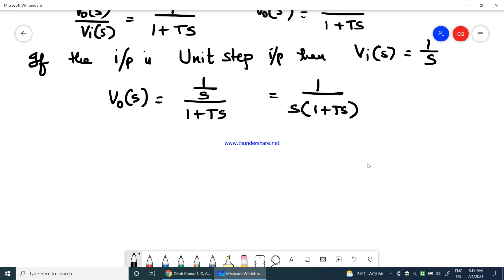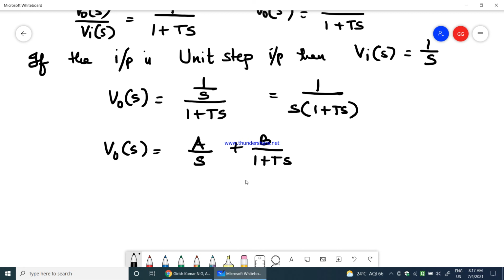For that purpose we use partial fractions for this V out of S, and then apply the inverse Laplace transform to find V out of T. To perform partial fraction, we say V out of S equals A by S plus B by (1 plus Ts).